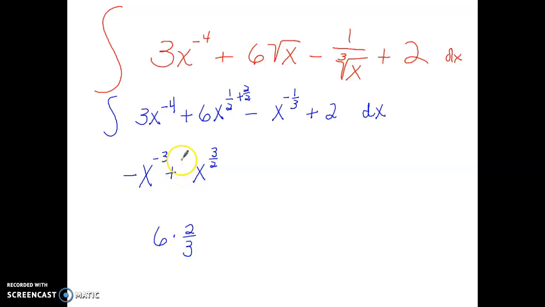So that becomes 4. Third term, I would add 3/3 to my exponent. My coefficient would be a -1 divided by 2/3, or the same thing as multiplying by 3/2. So I have a -3/2 coefficient. Fourth term would be 2x, and then followed by +c.